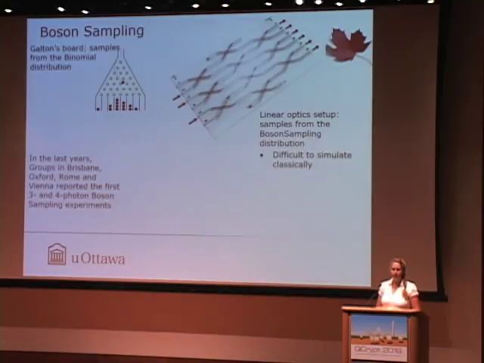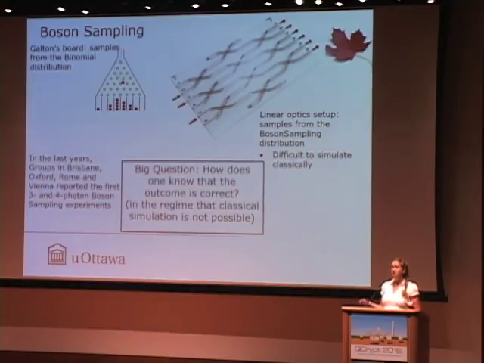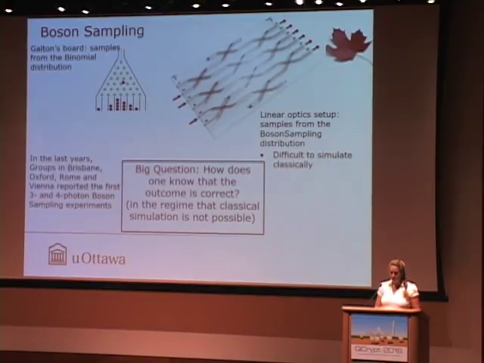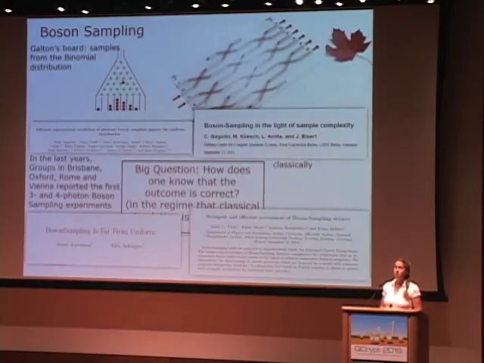Already we have small-scale boson sampling experiments, and we're already asking the question, how does one know that the outcome of the boson sampling experiment is correct? Of course, here we're talking about the scale where classical simulations are not possible. This question has been looked at in the literature. I'm not sure if there's a consensus or a final answer, but this is definitely an area of current questioning.